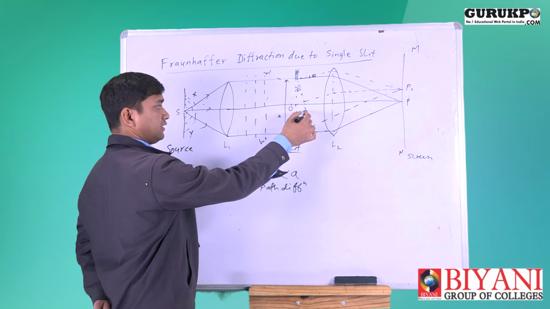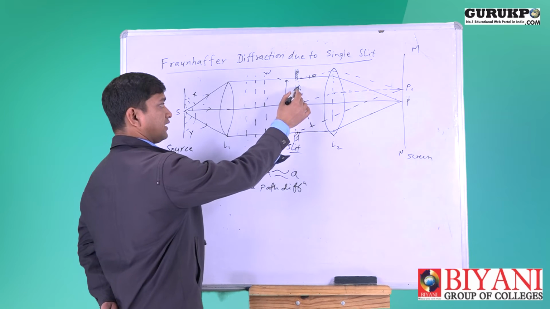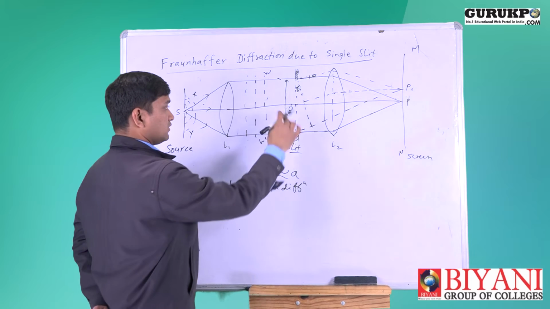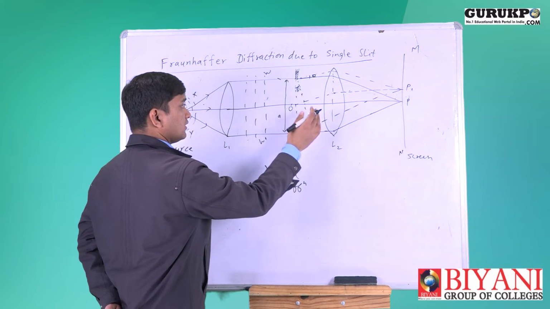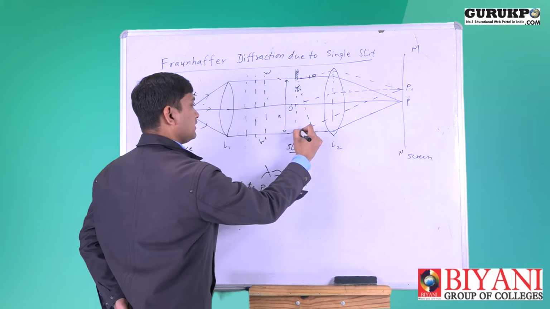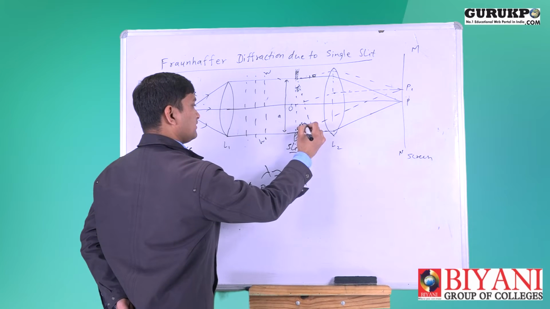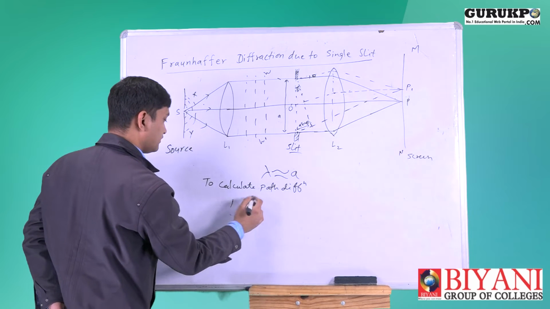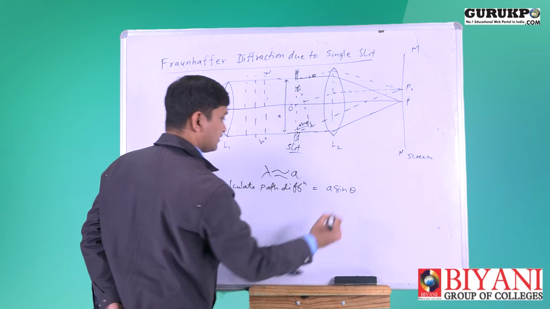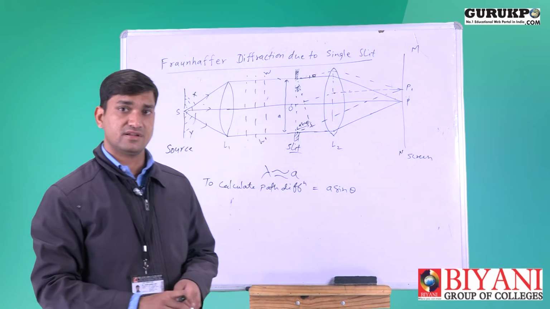Now this angle will be theta. The width is a, these two lines are parallel, so the path difference will be a sin theta. So path difference equals a sin theta in the case of single slit experiment.